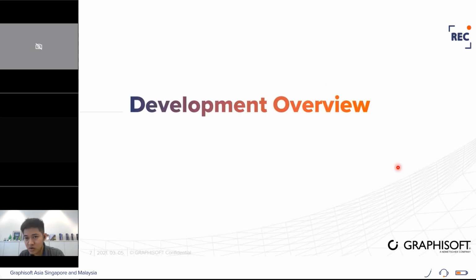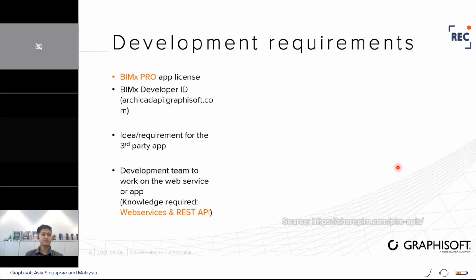Let's go into the development overview. The basic requirement, of course, is to have a BIMx Pro license. Your normal BIMx app license won't be able to install the add-ons or the extensions, so you will need to purchase the Pro. You will also need a developer ID.